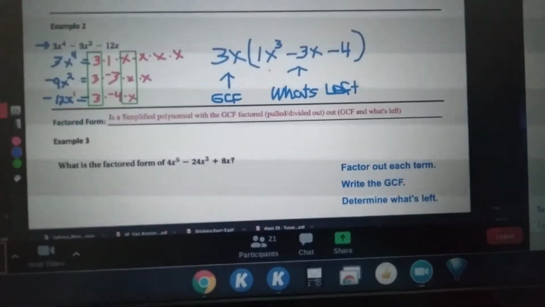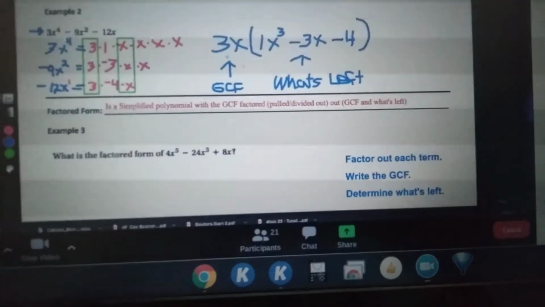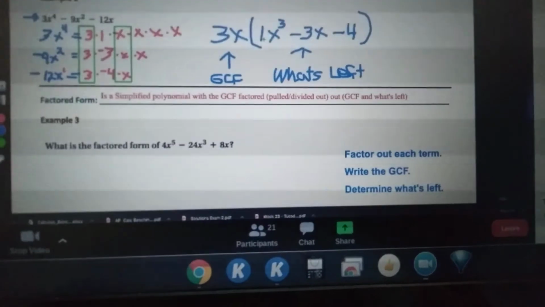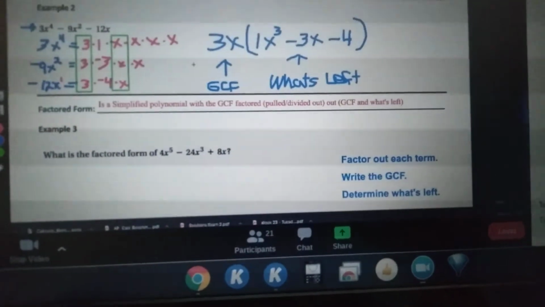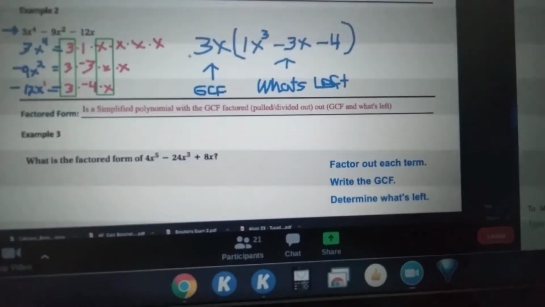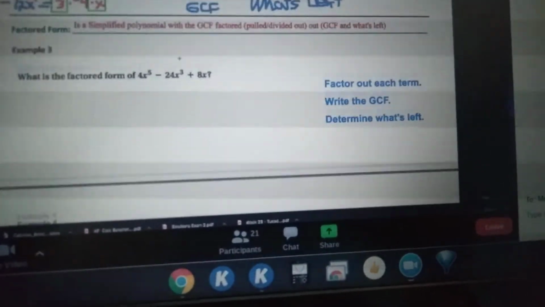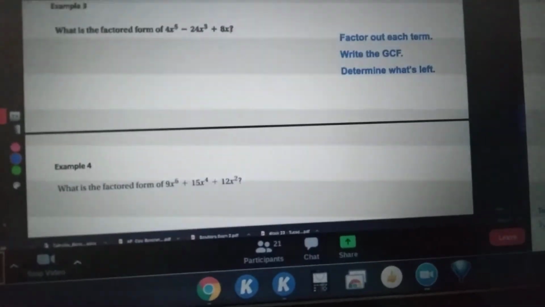Okay? If you write down GCF and what's left, this is factored form. If I tell you what is the GCF, you're only going to say 3x. Everybody understand now? Good. So what is the factored form of this?